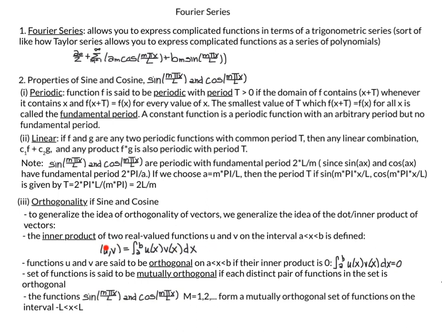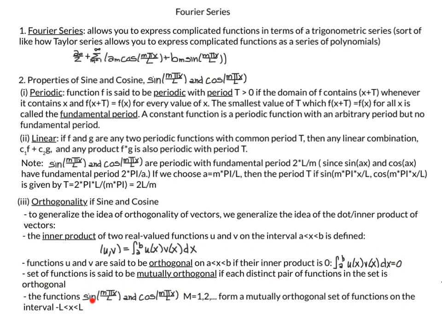The inner product of functions u and v is the integral from a to b of u of x, v of x dx. Then the functions u and v are said to be orthogonal on a and b if their inner product is equal to 0. And a set of functions is said to be mutually orthogonal if each of the distinct pairs of functions in the set is orthogonal.